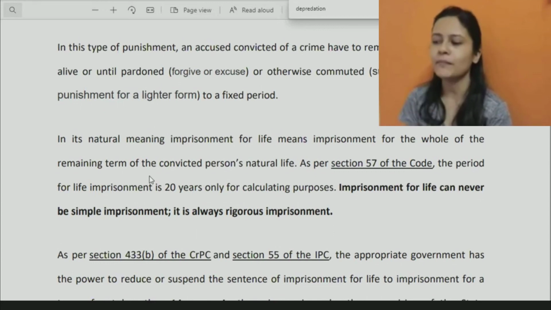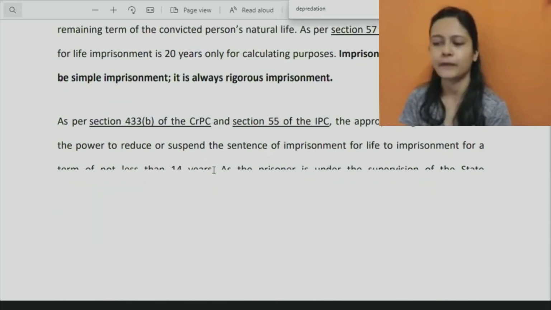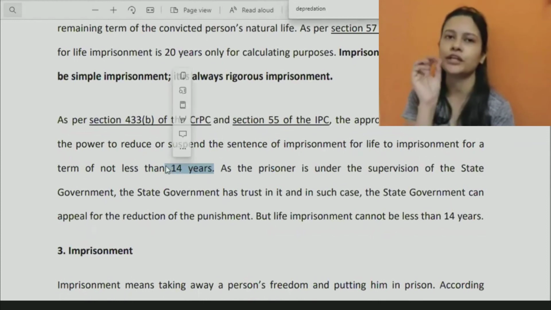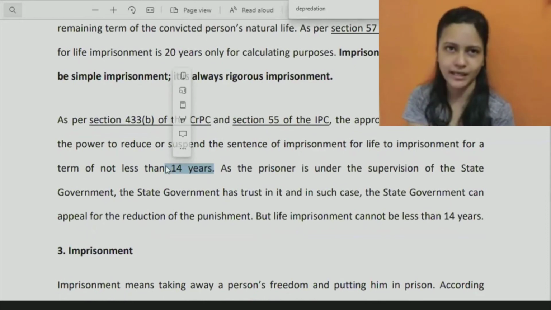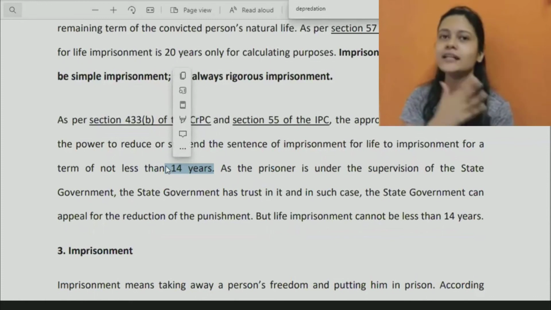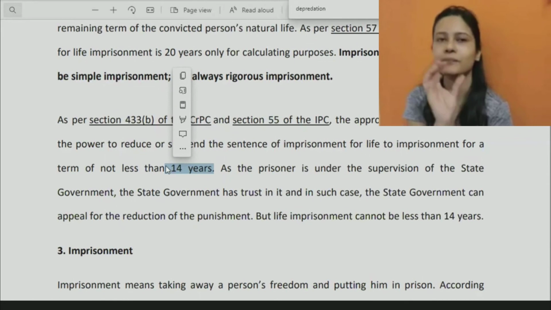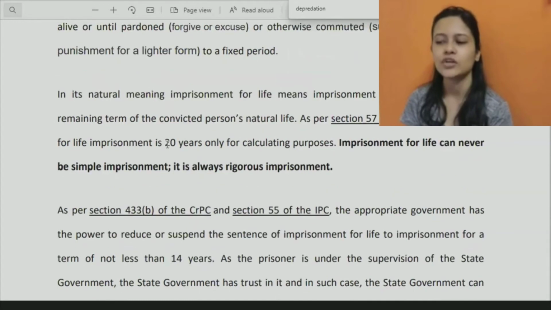So minimum for 14 years. Okay, if life imprisonment is given, minimum for 14 years a person should remain in prison. After that, it may be excused, it may be removed also. So the minimum term will be 14 years. And for the purpose of calculation, certain times we need to calculate the number of years of punishment.